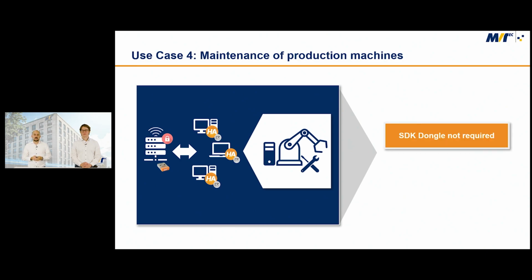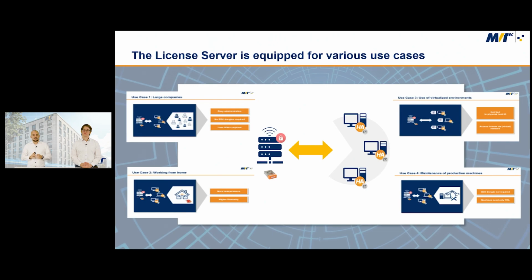So this is also a use case for this new license server where you do not need an SDK dongle, and you can run your machines with the RTL and then just use the SDK at the time you really need it. These are the four main use cases we see for the license servers. Please get in touch with our sales if you are interested in this kind of licensing technology.